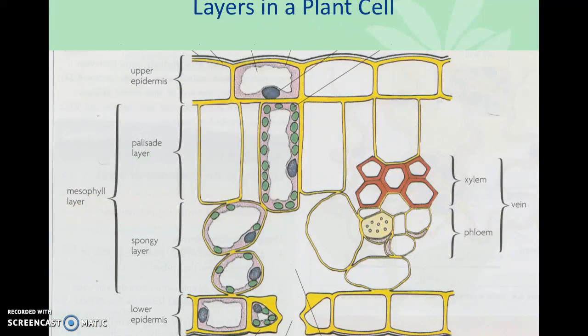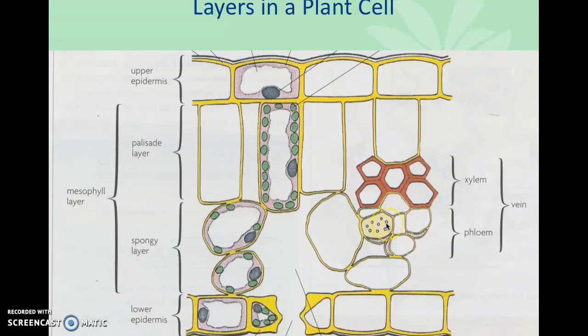Layers in plants. So you have the upper epidermis, you have the mesophyll layer, the lower epidermis. Remember, epidermis is like a skin. The xylem is going to be these more hollow areas. The phloem is going to have these plates that look like dots. The phloem is also going to have a side cell that is going to contain a nucleus.